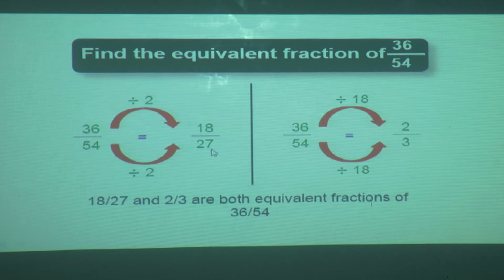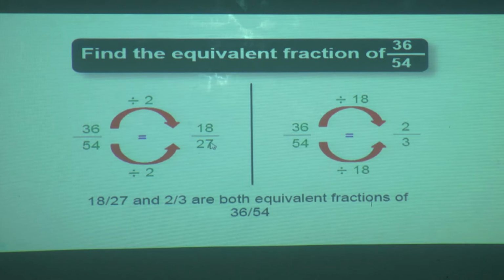What did we do here? Yes, we did division. In the previous sum we did multiplication to the denominator as well as the numerator. Here we did the division in the denominator as well as in the numerator. The fraction we got is 18 upon 27.